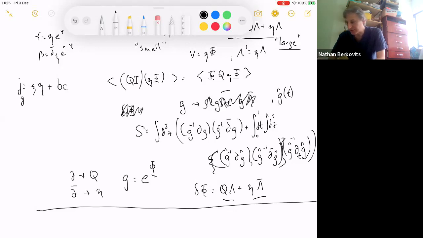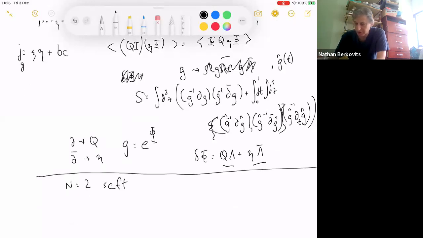But it turns out that this is much more general, and where this came from is starting with an N equals 2 worldsheet action, or a superconformal field theory with N equals 2. Now, a critical N equals 2 superconformal field theory has central charge c equals 6.